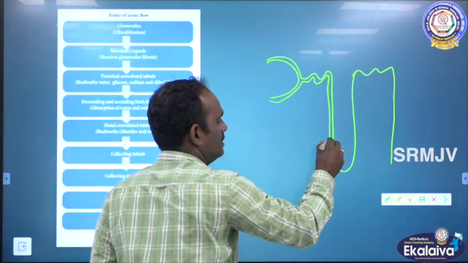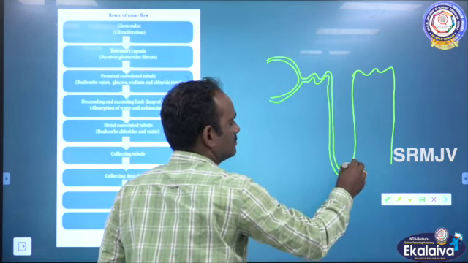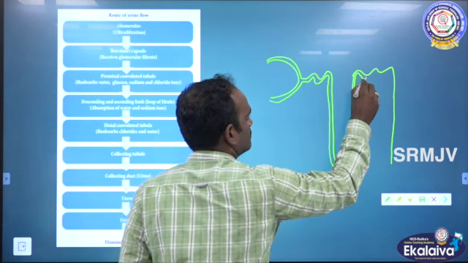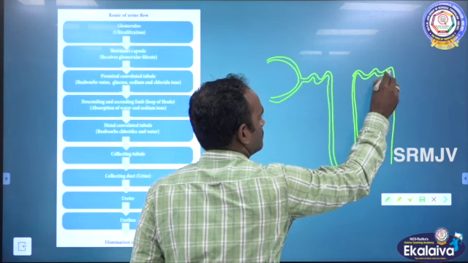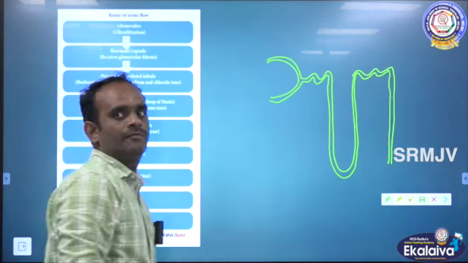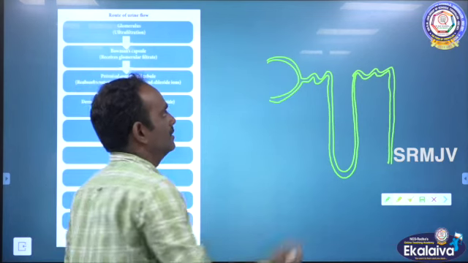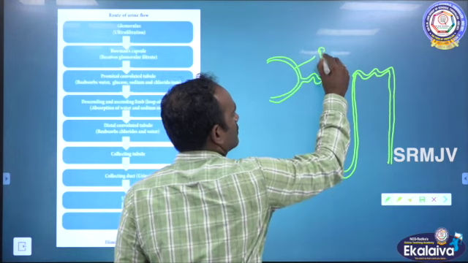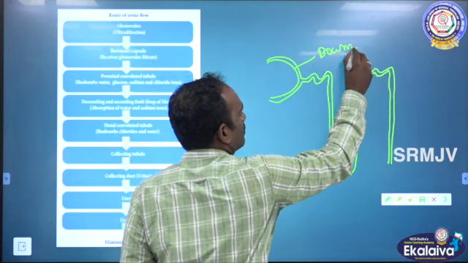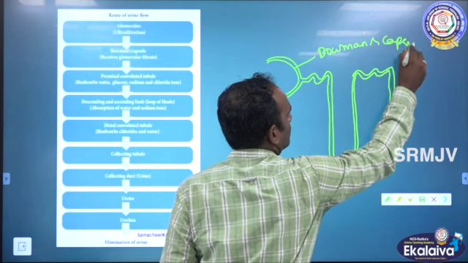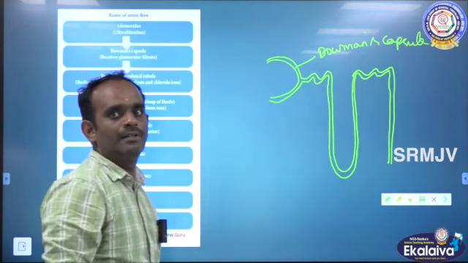You draw along with me. Finish, children? See, this part is said to be Bowman's capsule. Clear?